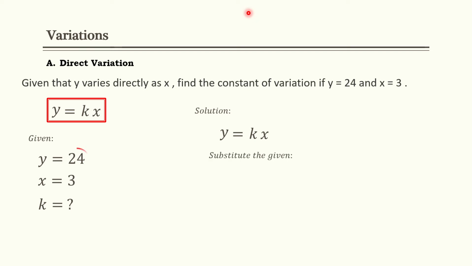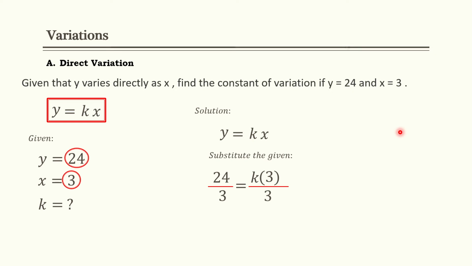We substitute 24 as our value of y. So, that is 24 is equal to k times x, which is 3. Notice that the 3 is beside k, because since we are solving for k, we divide both sides by 3.